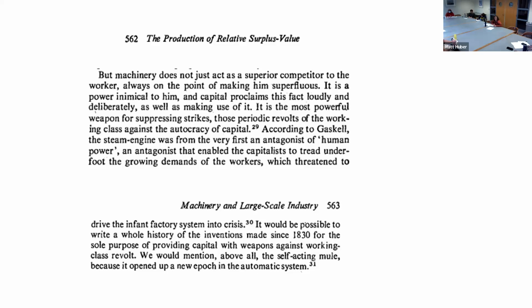And this is one of the best lines of the whole book: it would be possible to write a whole history of the inventions made since 1830 for the sole purpose of providing capital with weapons against the working class revolt. So if workers start organizing, you just say, well, we'll replace you with a machine, right? We'll figure out a way to make your work no longer necessary.